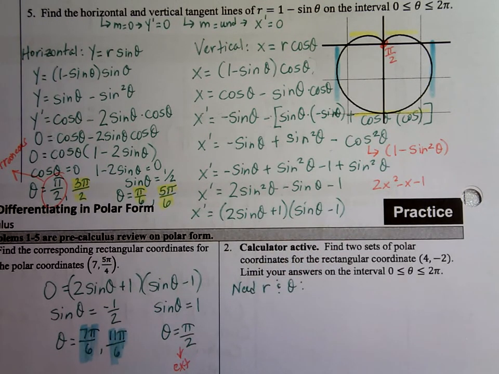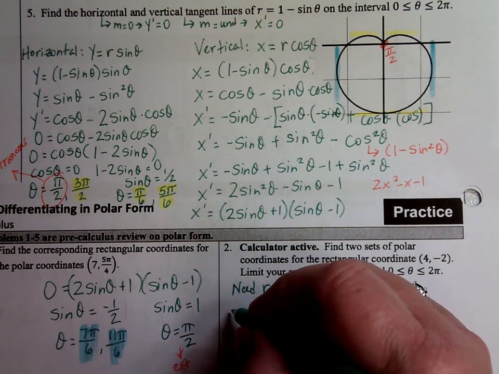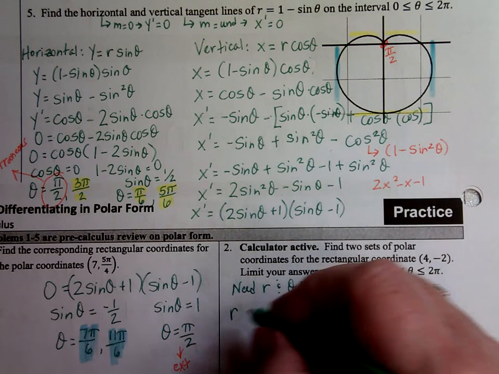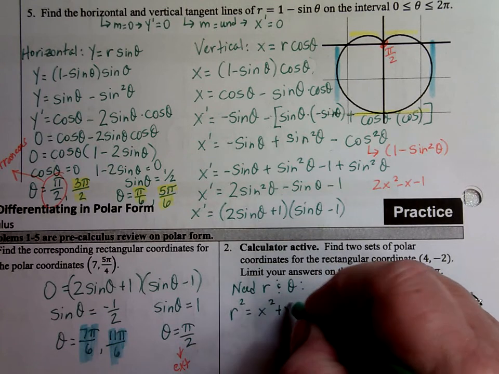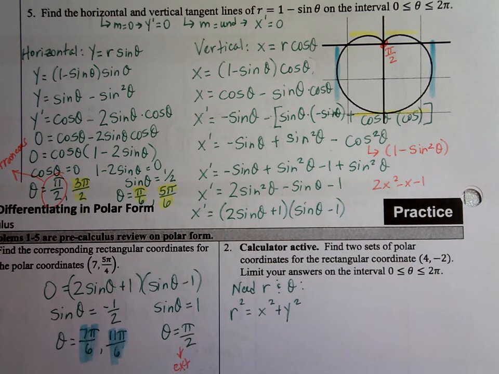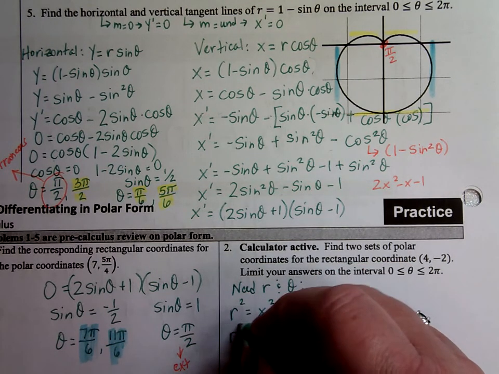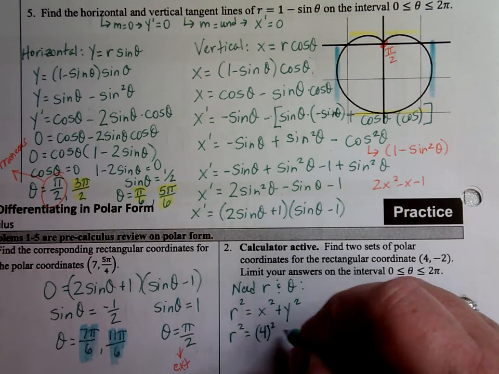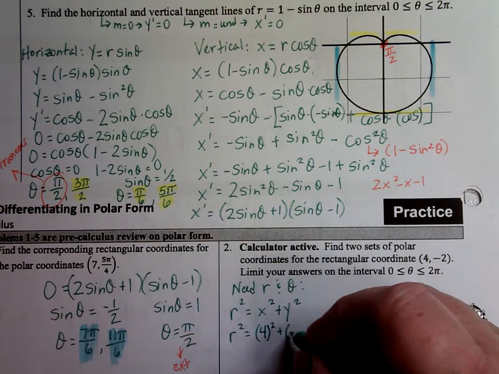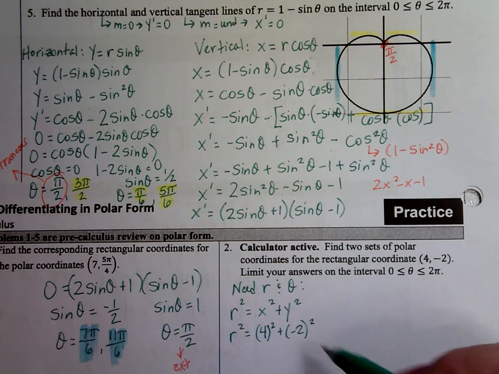Well, r is the easiest because you know the fact that r squared equals x squared plus y squared, right? We saw that on the front page. Well, r squared equals 4 squared plus -2 squared. Well, that would be 16 plus 4 more is 20.